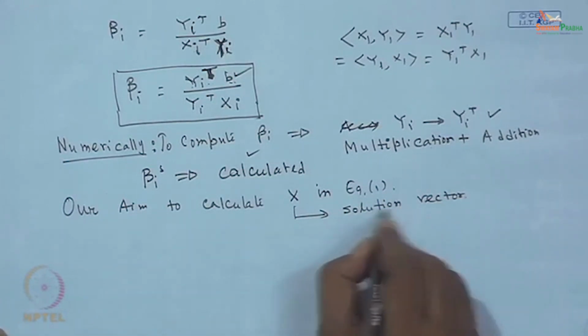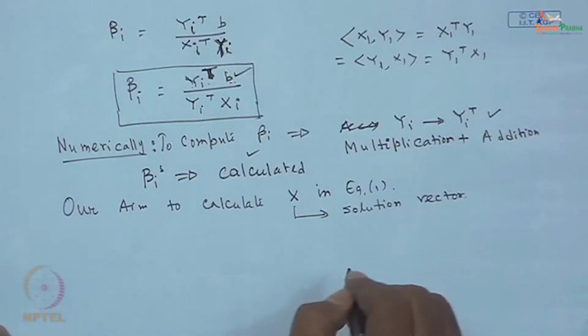Now, since this vector belongs to n-dimensional space, it can be written as a linear combination of the eigenvectors of the matrix A, because they form a basis set of vectors.